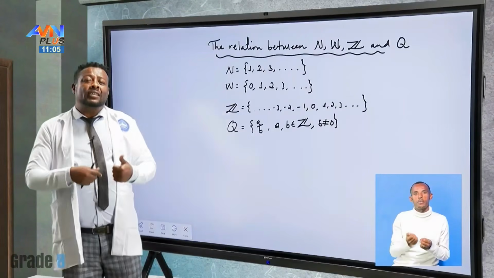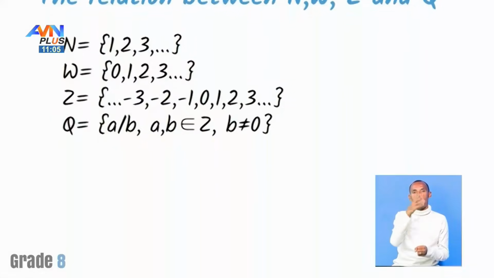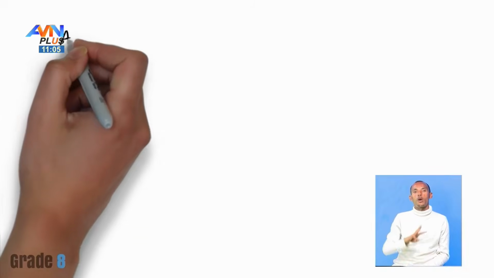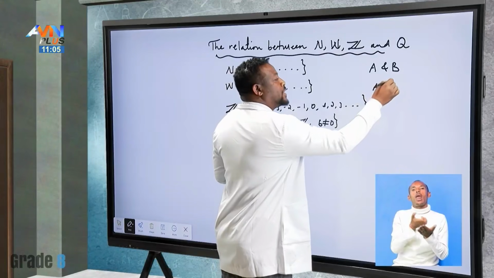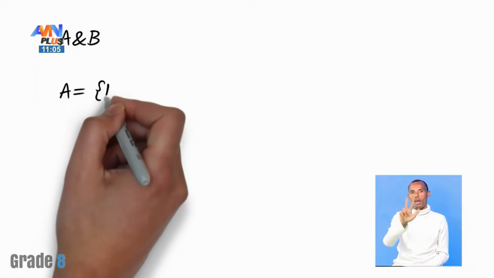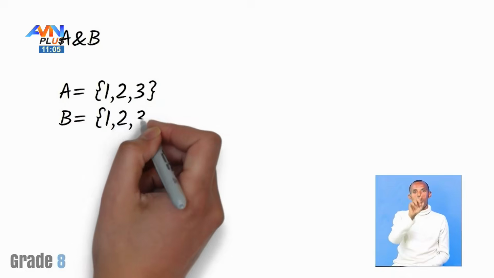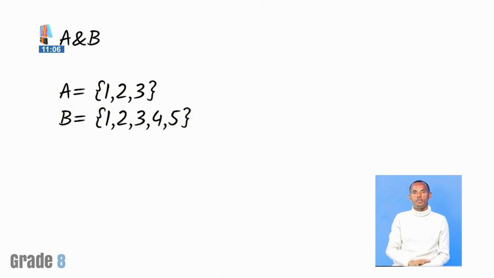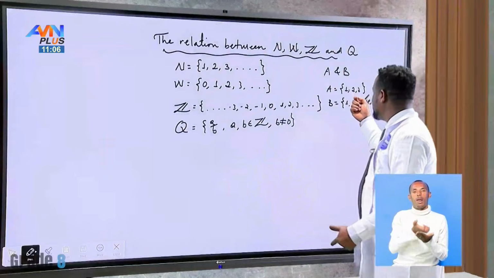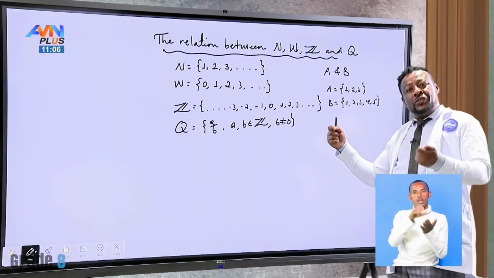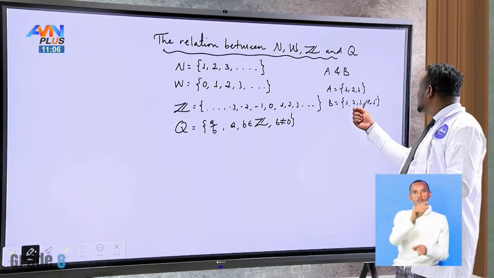Just to remind you what a subset is, if we have two sets A and B with some elements, for example, if set A contains the elements 1, 2, 3, and set B contains the elements 1, 2, 3, 4, 5, right? Clearly, set A contains 3 elements, 1, 2, 3, and set B contains exactly 5 elements.